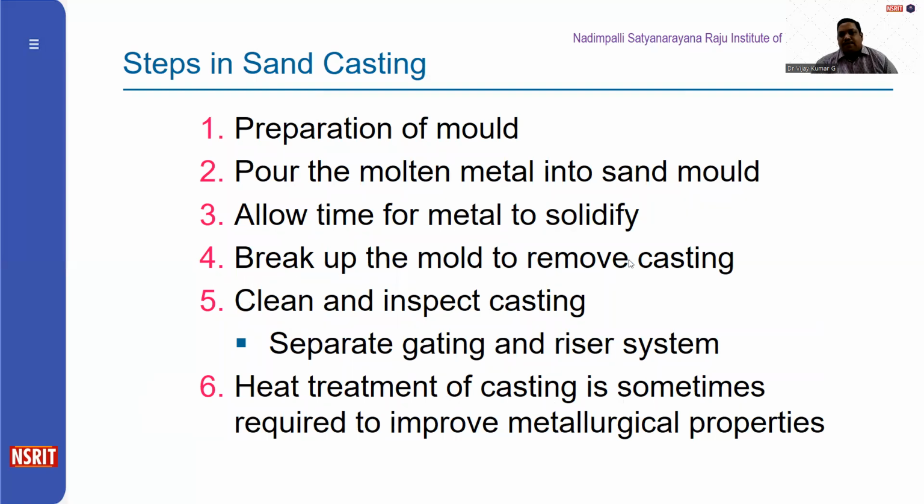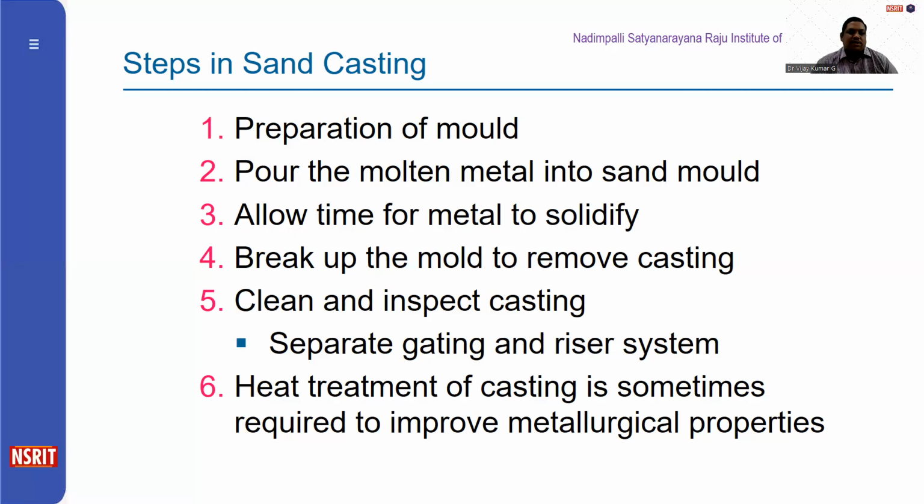So these are the steps in sand casting. Basically, any casting process starts with the preparation of the mold, and you need to pour the molten metal into the sand mold, then allow it to solidify, and then you have to break the mold, remove the casting, clean it and inspect it. Whatever the gating system and reservoir riser system are there, you need to separate all that, and sometimes a heat treatment process is required so that we can get the required metallurgical properties for the casting.